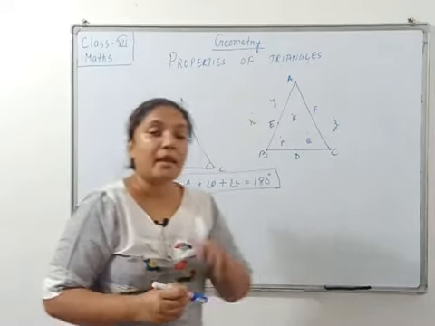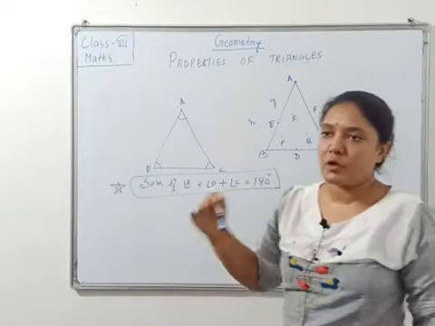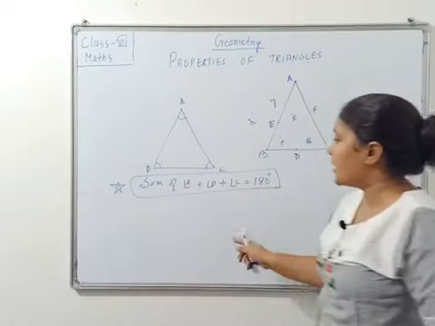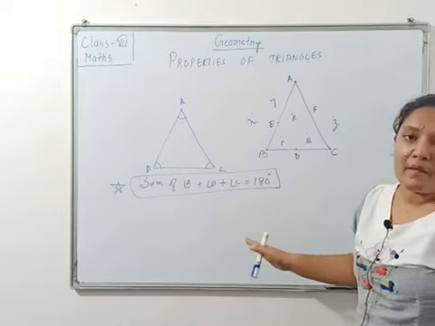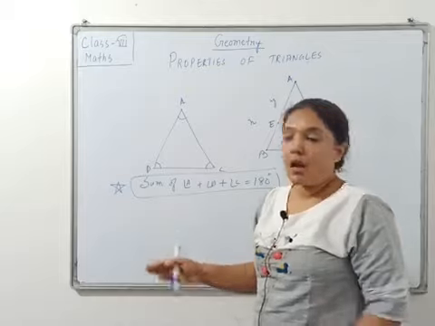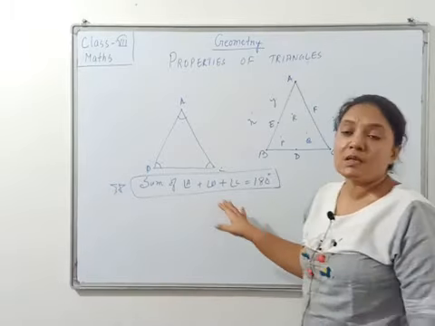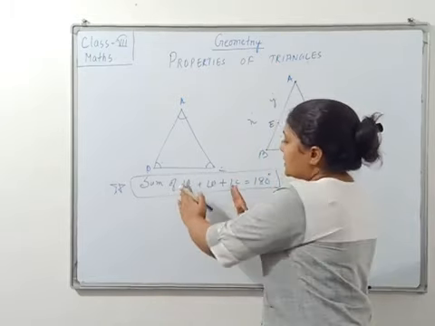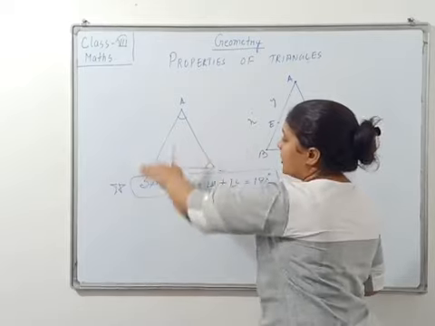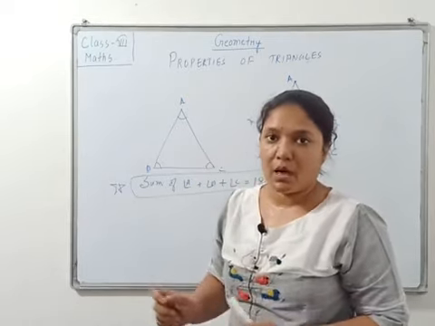It can be any triangle, whether it is a scalene triangle, an obtuse triangle, or a right angle triangle. But the sum of all the three angles will always be 180 degree. Now this has one theorem also. Now we are going to prove this theorem. I will explain how A plus B plus C, the sum of all the three angles, can be 180 degree. We are going to prove this now. Okay, students?